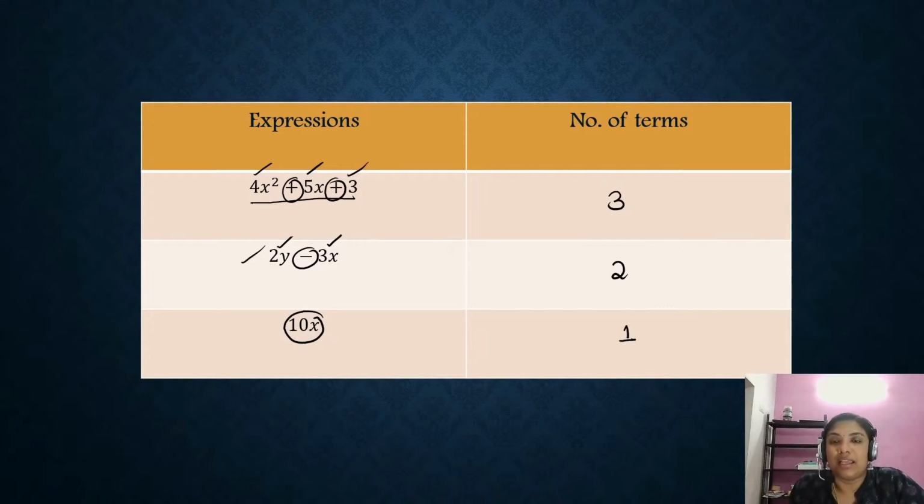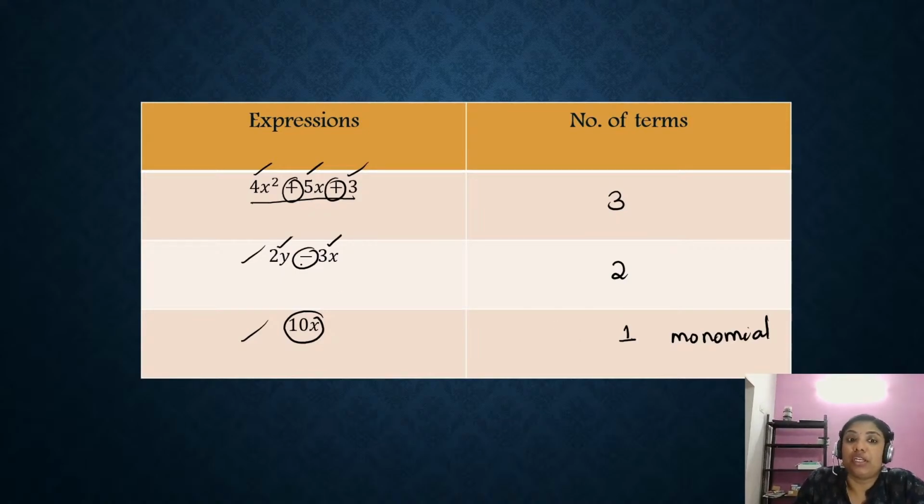And one more thing, based on the number of terms, algebraic expressions can be classified into several categories. If an algebraic expression has one term like this one, that expression will be called a monomial. Okay? Monomial. You know, mono means one.